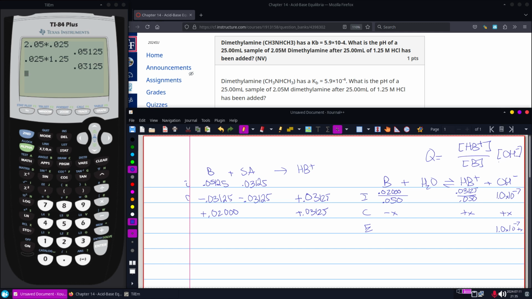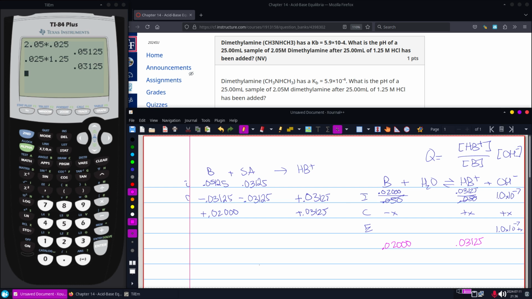It didn't really change what we do mathematically, but I wanted to point out that the volume never factors in. We were always going to end up doing an assumption down here that the X wasn't all that big. So I'm going to use 0.02 for the base and 0.03125 for the conjugate acid of that base. I'm not going to worry about the 50 milliliters at all, because they would divide out. They would cancel out when I move it up into this equation.